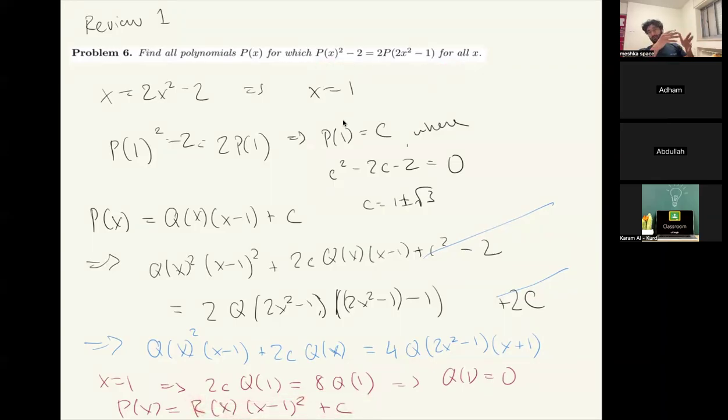What I claim is that when you work out what it means, it'll tell you r of 1 equals 0. So you can show by induction that x minus 1 to the n, for any n, divides p of x. Okay, so what does that mean?